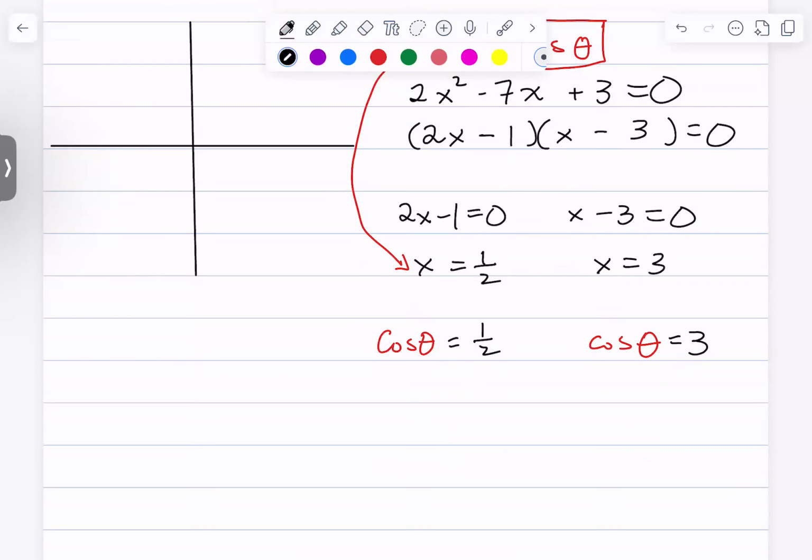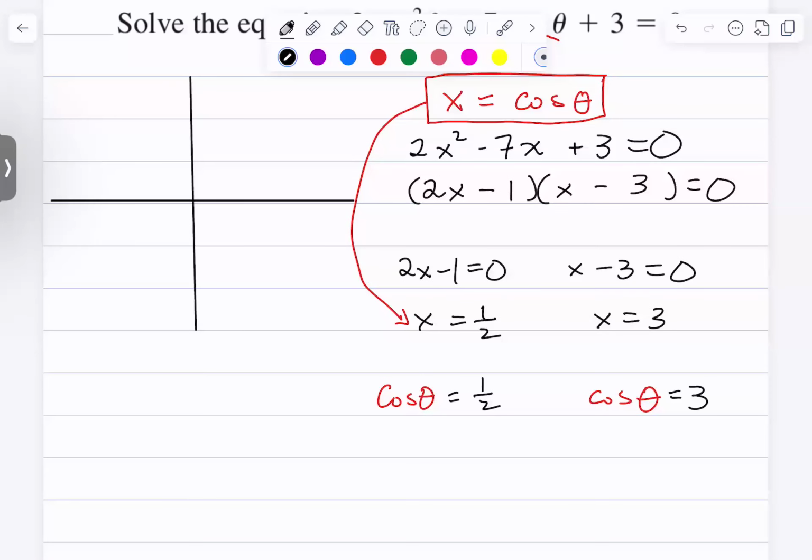Do you guys see anything wrong here? The reason why cosine of theta cannot equal 3 is because the range of cosine goes from -1 to 1.